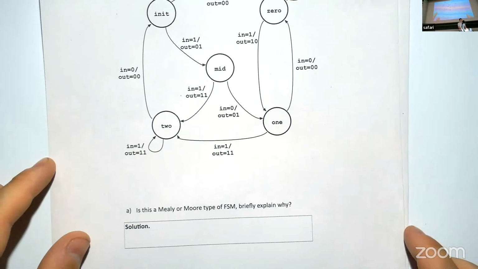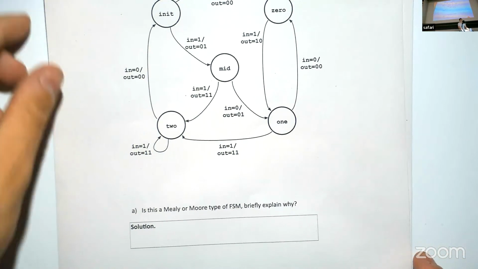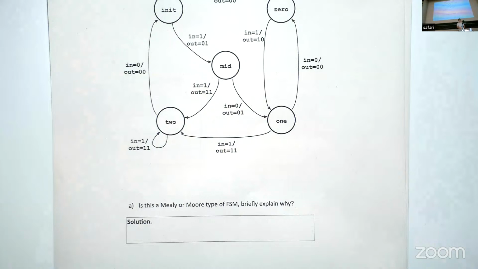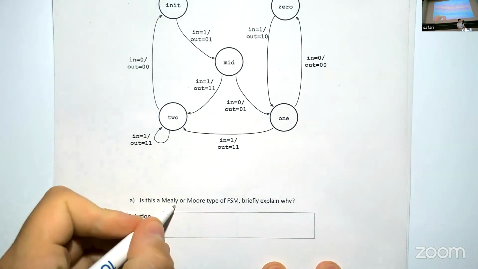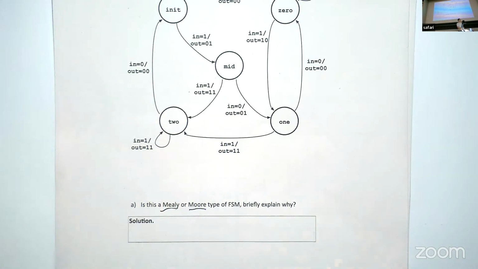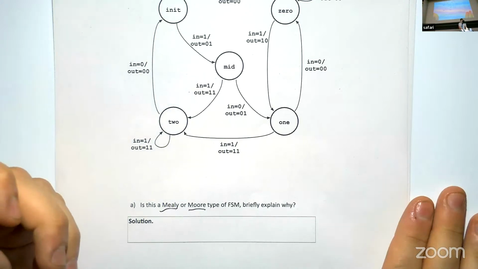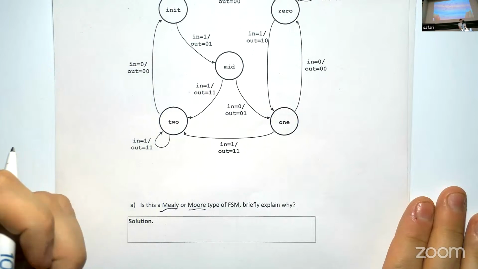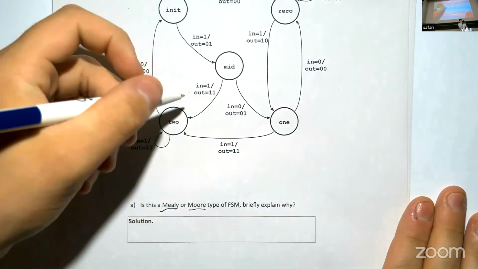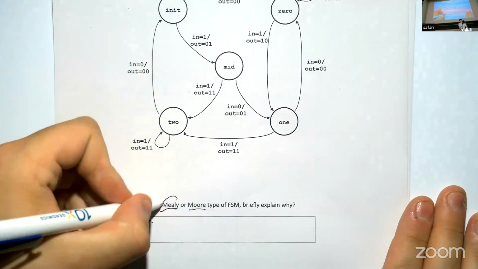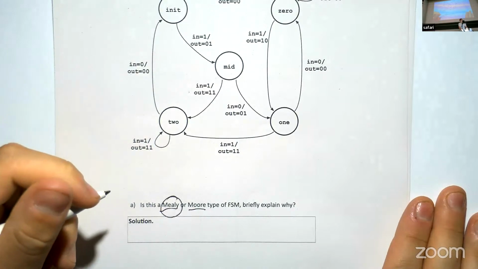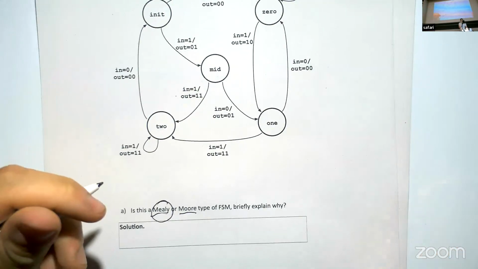So here you're given an FSM of either Mealy or Moore type. You're supposed to decide what it is, and then you're supposed to change it somehow later. Well, I guess I don't need to introduce FSMs to you anymore. Clearly, this is a Mealy type FSM.